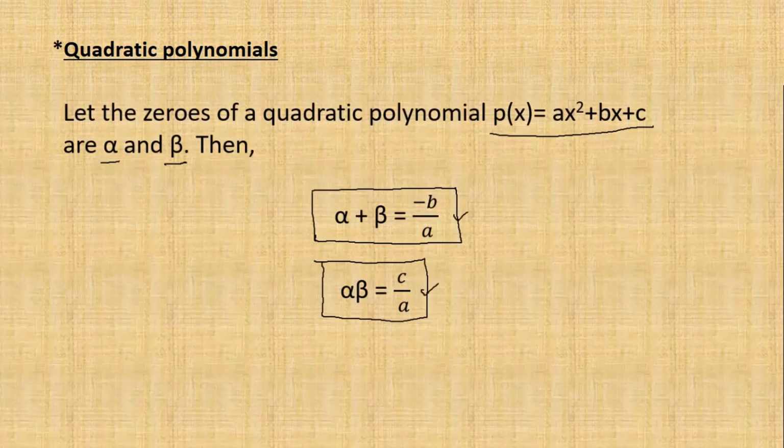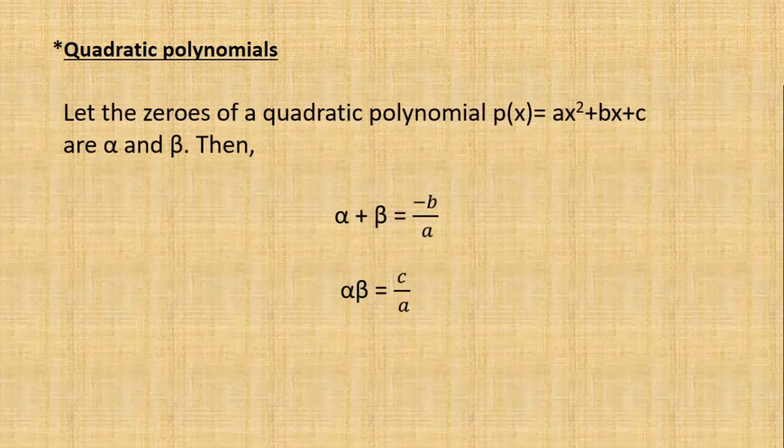The product of these zeros, alpha beta, is equal to the constant term divided by the coefficient of x square. x is a variable, but a, b and c are constants, and also alpha and beta are constants. Greek letters alpha and beta you will also see in some other places in mathematics, also in physics and chemistry.